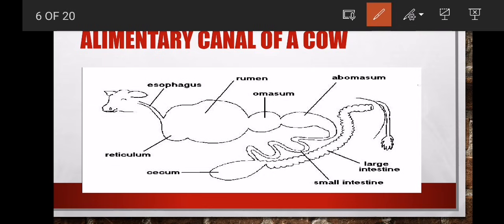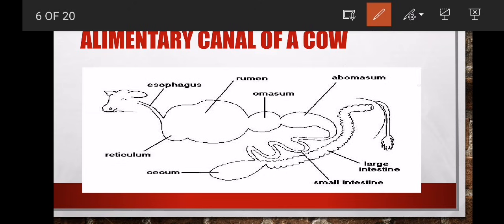Remember, a cow is an example of a ruminant. If it's an example of a ruminant, remember, we said a ruminant, when you look at the stomach, has 4 chambers, or they have a complex stomach which is polygastric, many chambers or many stomachs.